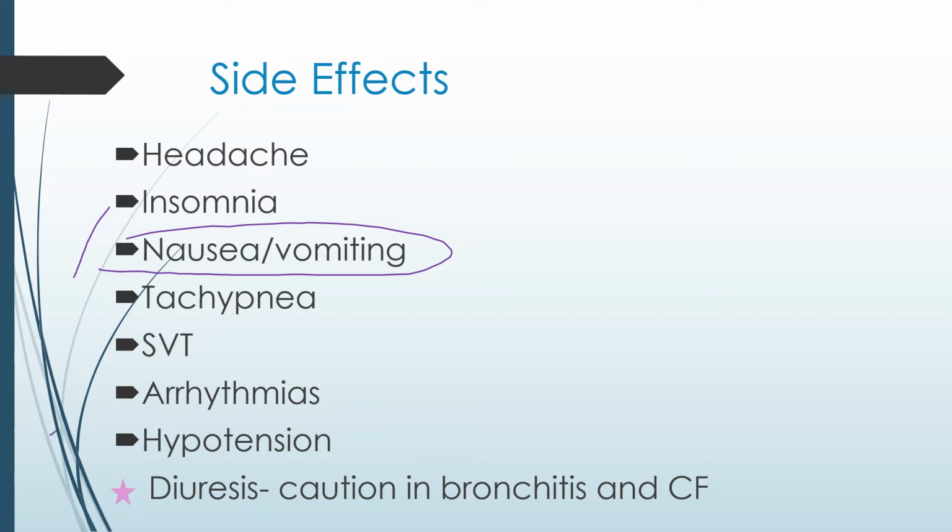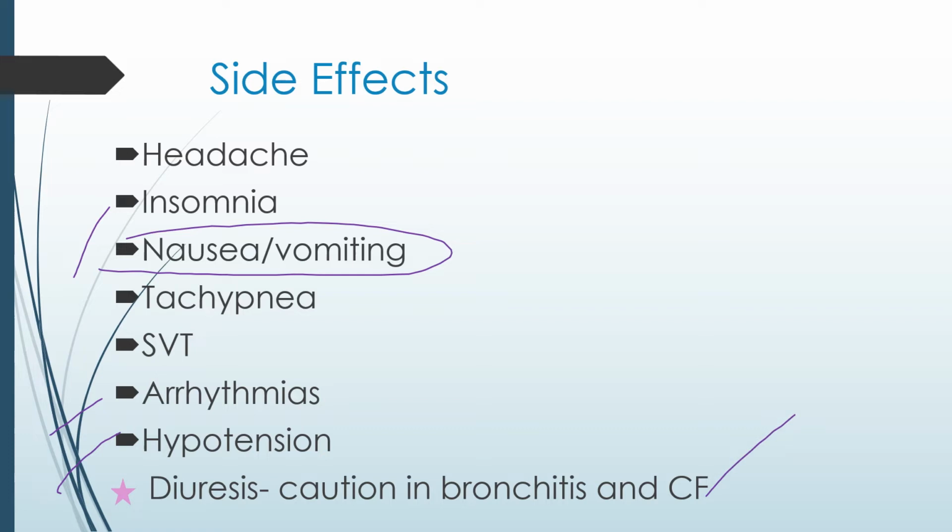Other things that you might see would be arrhythmias easily, and hypotension, especially if their heart rate's going a little fast. They may not have a lot of time to recover and get good ventricular filling time. So you can easily see that. But with the diuresis, you have to be careful, especially in bronchitis and cystic fibrosis, where that can lead to dehydration.